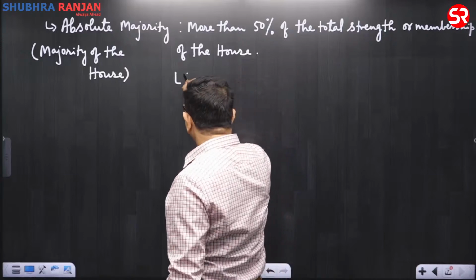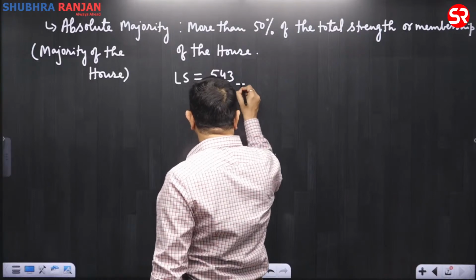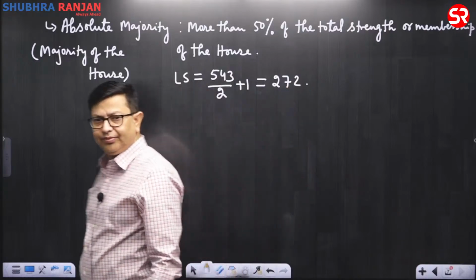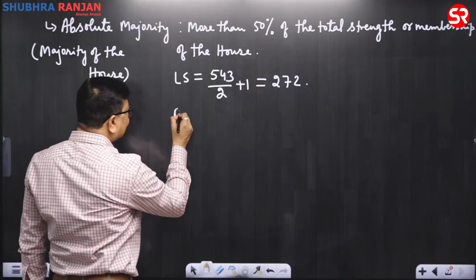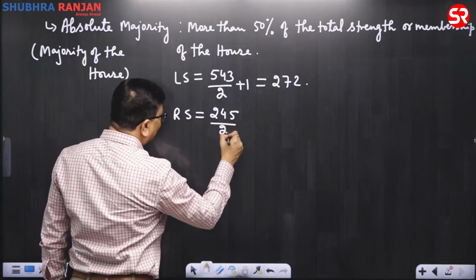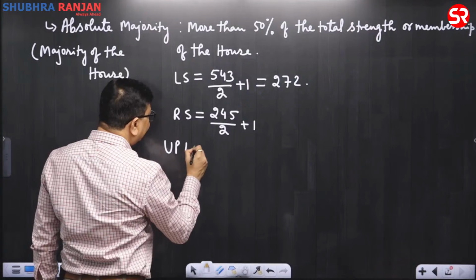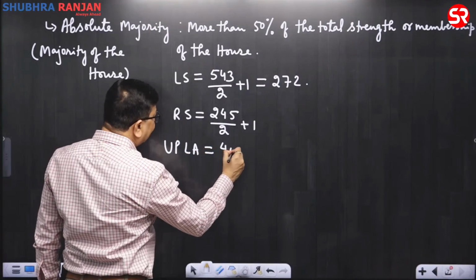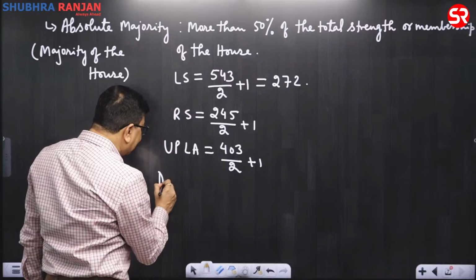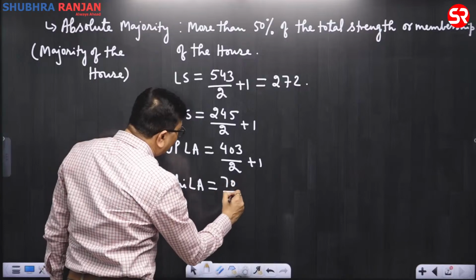In the Lok Sabha, it will be 543 divided by 2 plus 1, that is 272. Then in the Rajya Sabha, it will be 245 divided by 2 plus 1. In the UP State Legislative Assembly, it will be 403 divided by 2 plus 1. In the Delhi Legislative Assembly, it will be 70 divided by 2 plus 1.